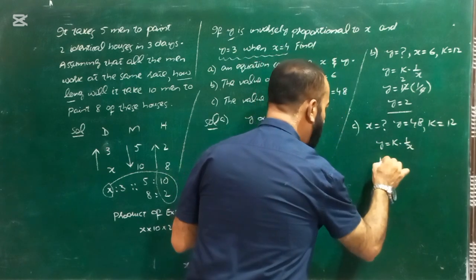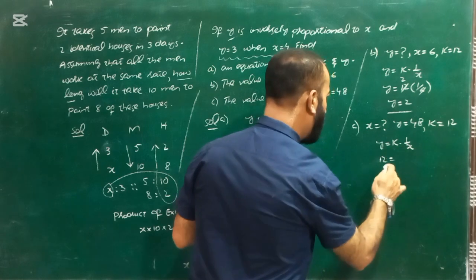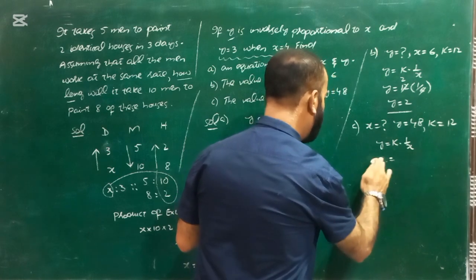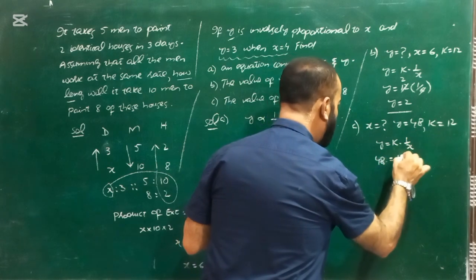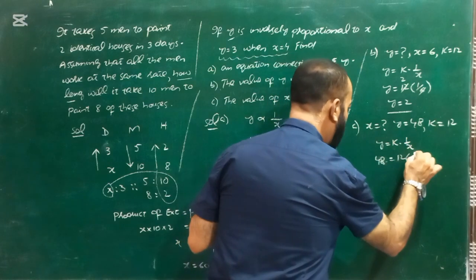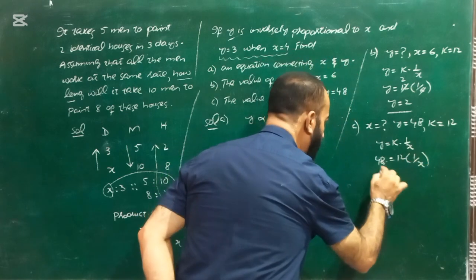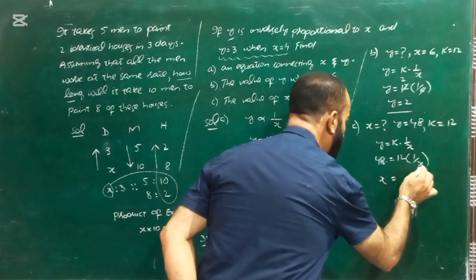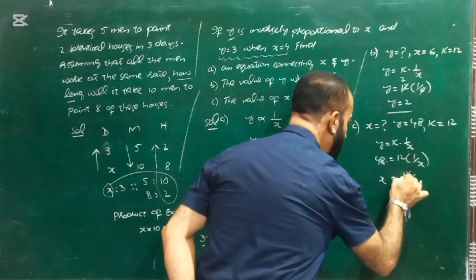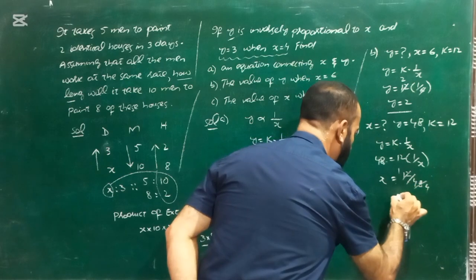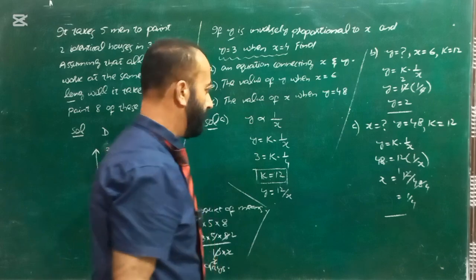So y is 48, k is 12 and x is the requirement. So from here x will come into the numerator and this 48 will go to the denominator, cross multiplying. And from here you can see 12 ones are, 12 fours are. So x is equal to 1 by 4 is the answer.